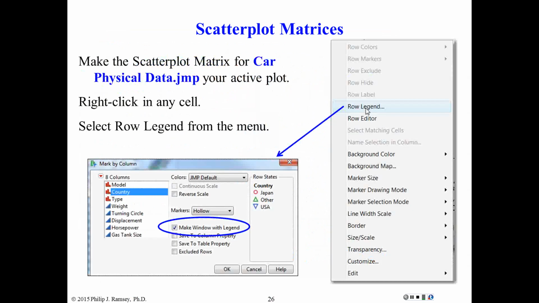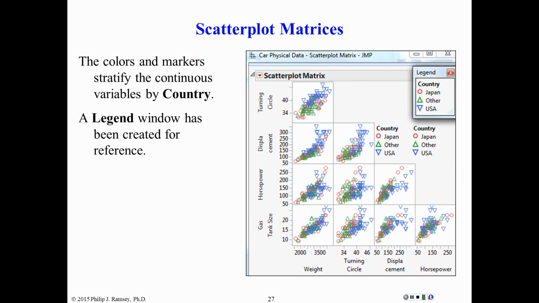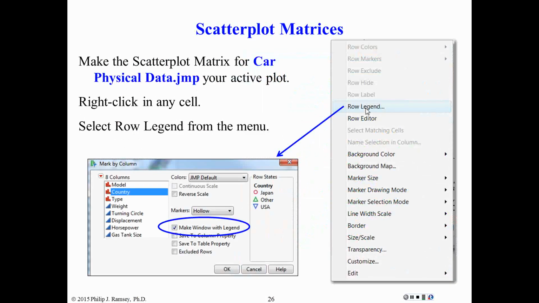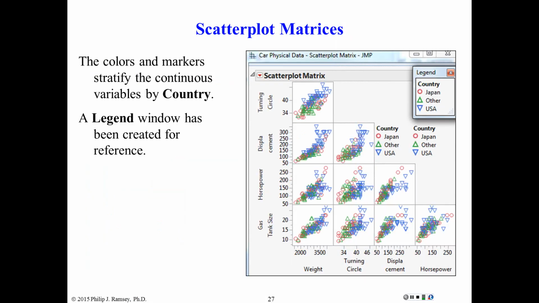And I'm going to skip through some of this. Okay. What this is showing you is how you can stratify a scatter plot. Basically, all you do, put the cursor on the plot, right-click, and pick row legend, and then pick the variable you want to stratify by.